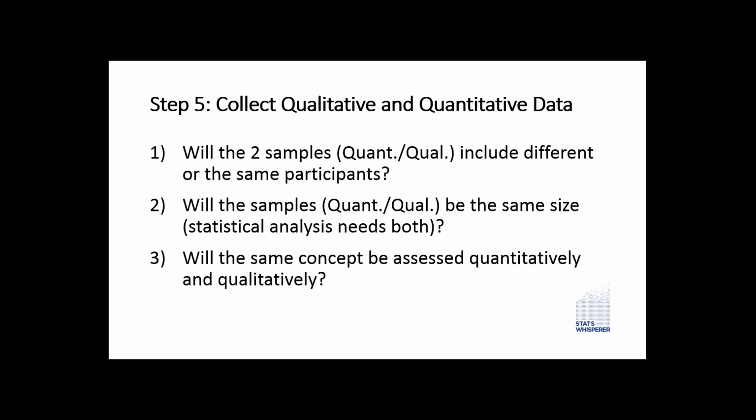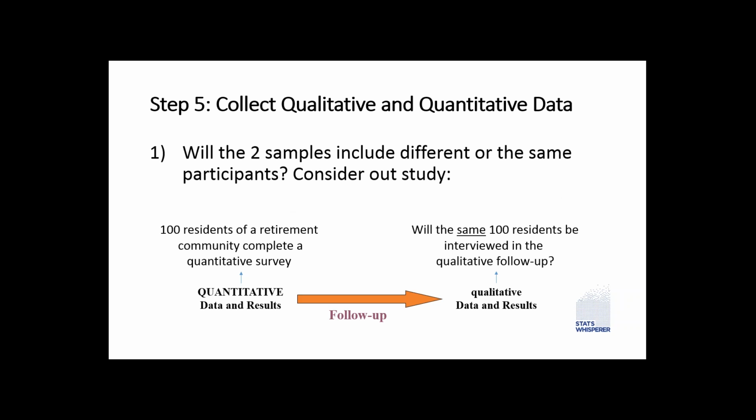So other questions you want to ask regarding data collection: Will the two samples include the same participants? Will the quantitative and qualitative samples be the same? And will the same concepts be assessed quantitatively and qualitatively? So we're going to go into that a little more here. For example, in our study, the two samples are the same number of people.